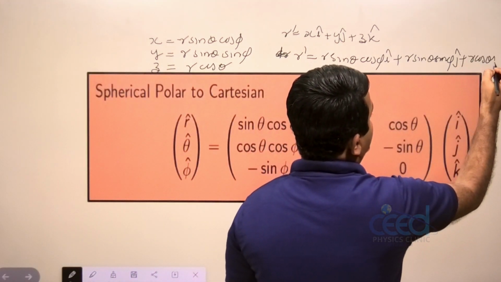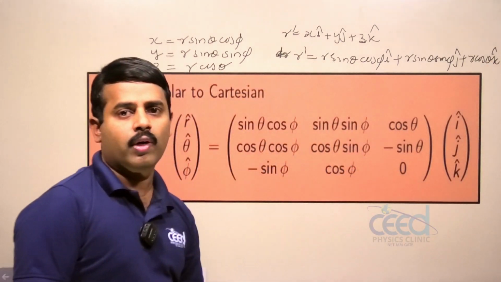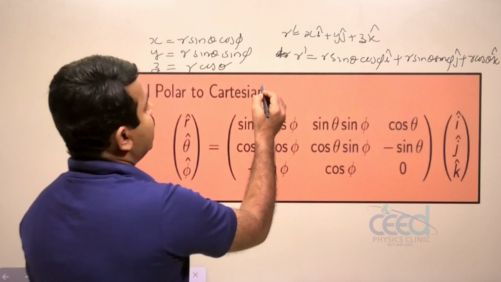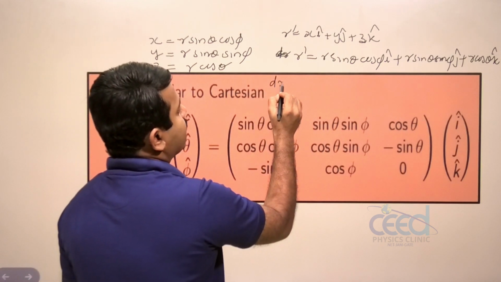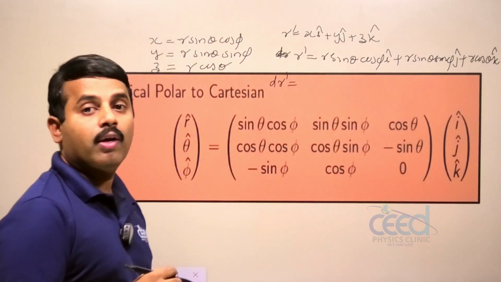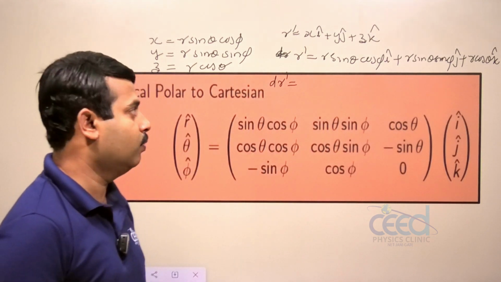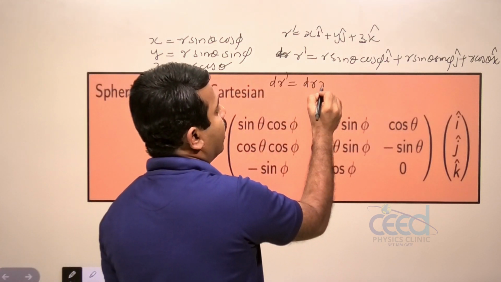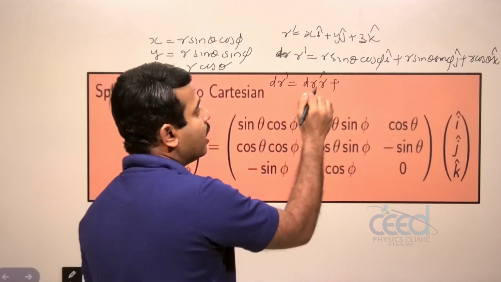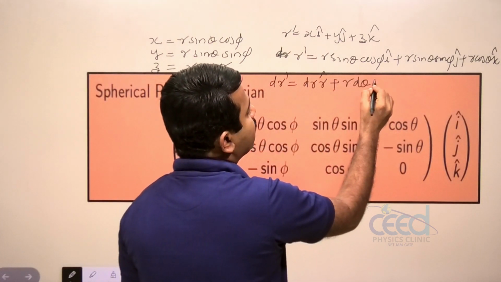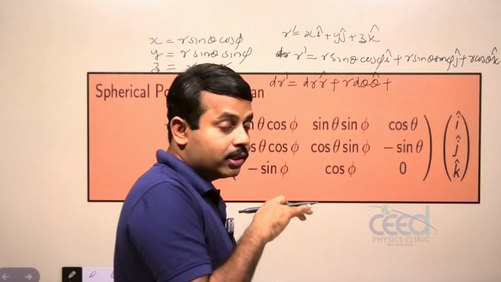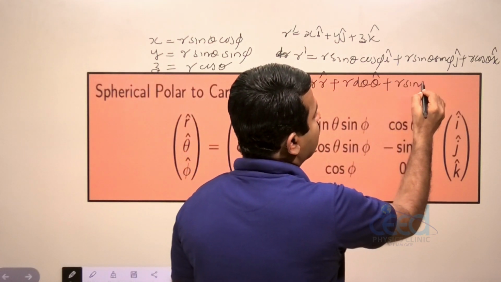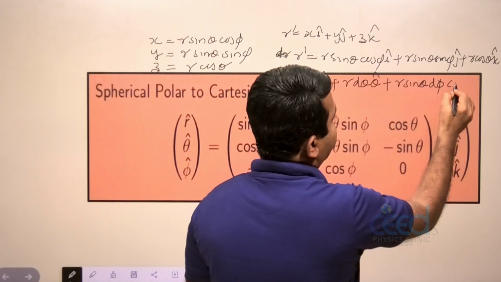Now look here, what is dr dash? The length element in spherical polar coordinate system, which we also studied. In the direction of r, the increment is dr r cap. In the direction of theta, r d theta theta cap. In the direction of phi, what is the length element? r sin theta d phi phi cap.